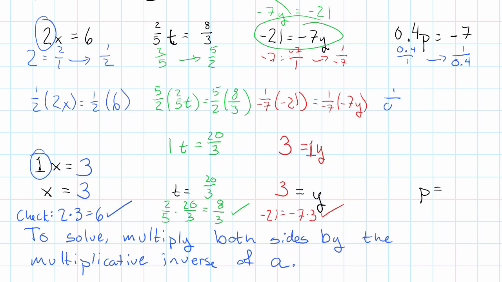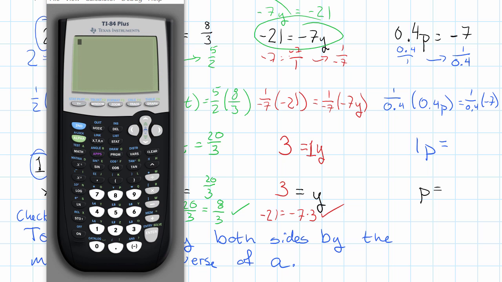So I'll have 1 over 0.4 times 0.4p equals 1 over 0.4 times -7. So again, 1 over 0.4 times 0.4 is just 1. So we've got 1p. 1 over 0.4 times -7, that's a job for a calculator.